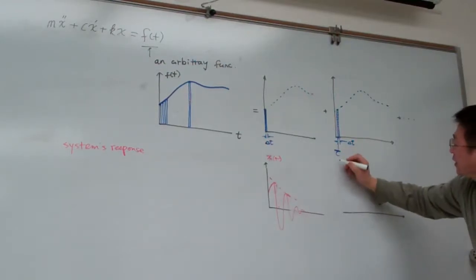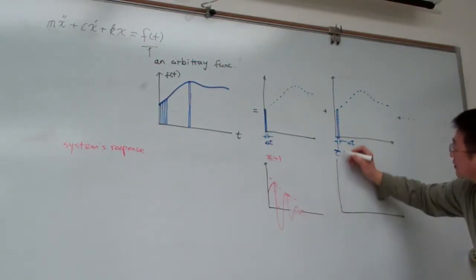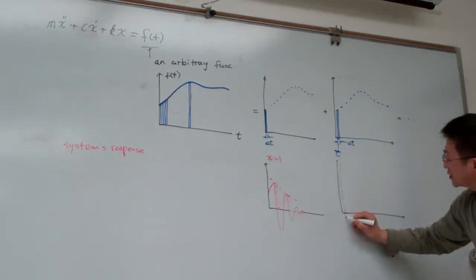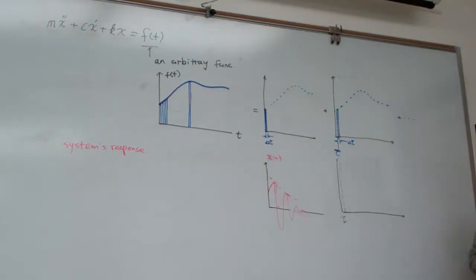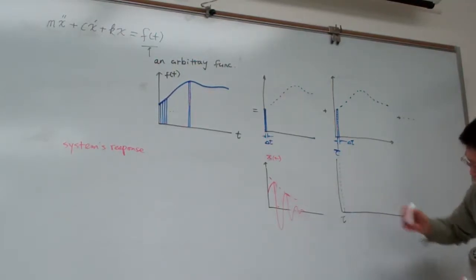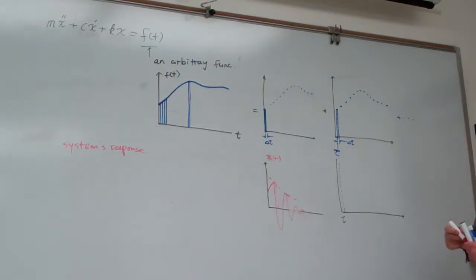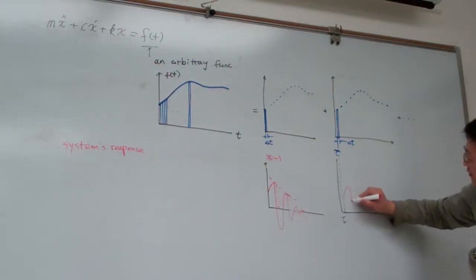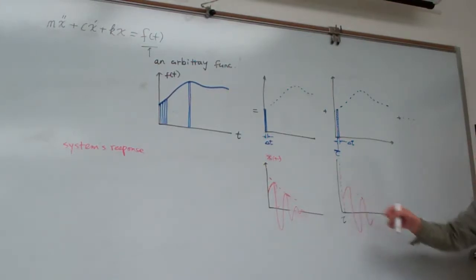So let me put this carefully. This tau corresponds to here. This is the moment tau when the system is going to respond. The system won't respond until that moment, so the system starts from here.